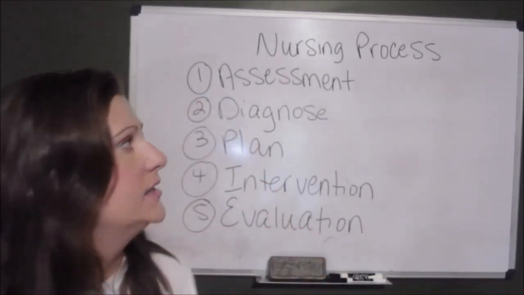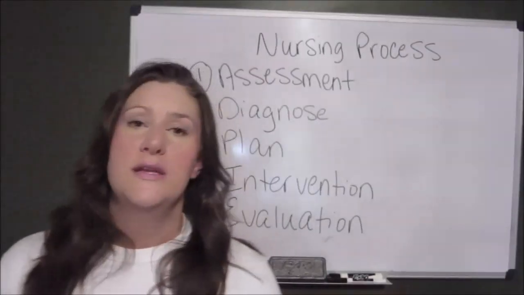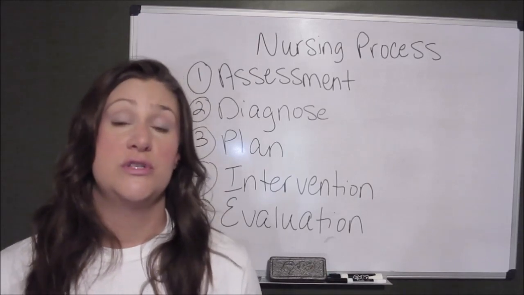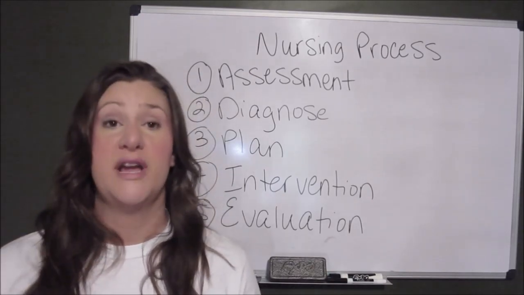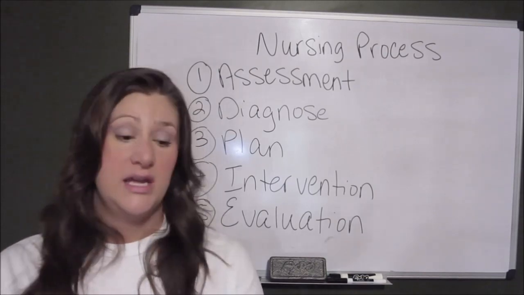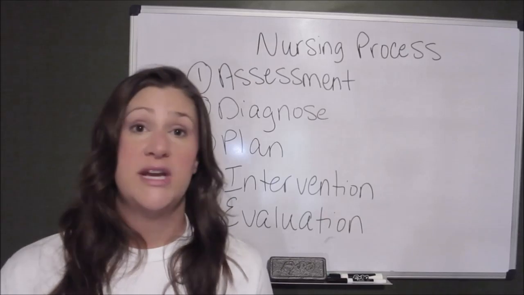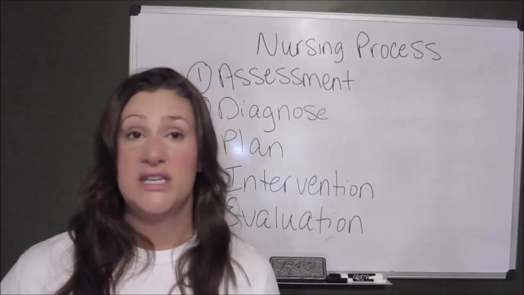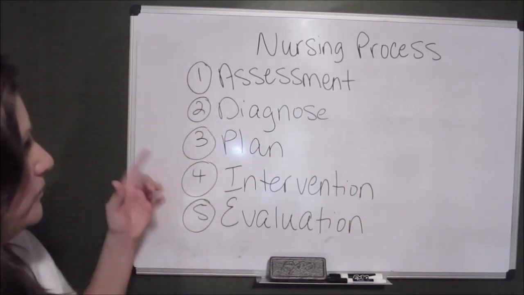The evaluation part. All right, so let's just recap real quick. Number one, assessment. These are your assessment data, the assessment findings that you're going to use to substantiate or back up why you chose a particular problem for your patient. So vital signs, lab work, part of your objective and subjective assessment data, diagnostic studies like chest x-rays, include all of that stuff in your assessment.